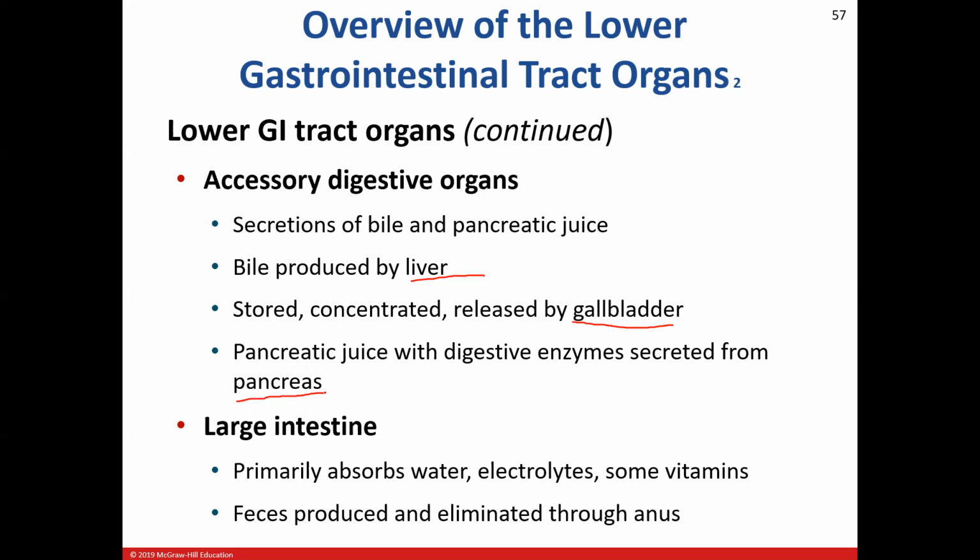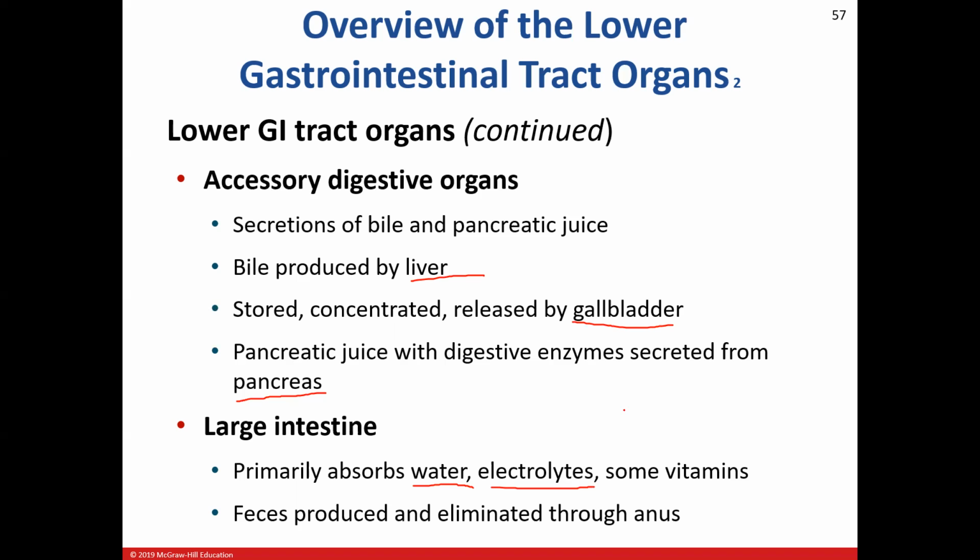After we move through the small intestine, we arrive at the large intestine. Its job is really just to continue absorption, absorbing pretty much whatever the small intestine didn't absorb. A lot of it includes water, and also electrolytes. If you're not familiar with electrolytes, they include contents like sodium, potassium, and magnesium.